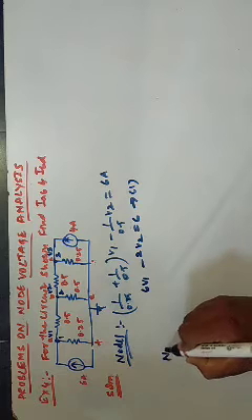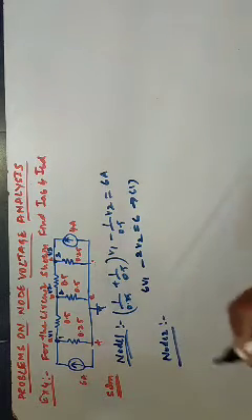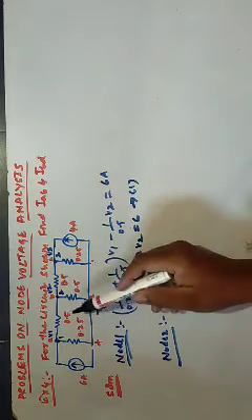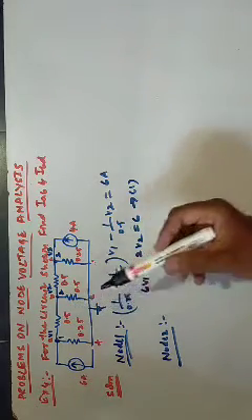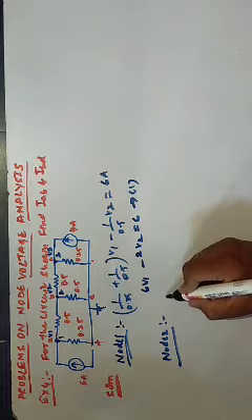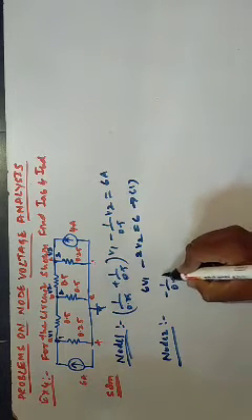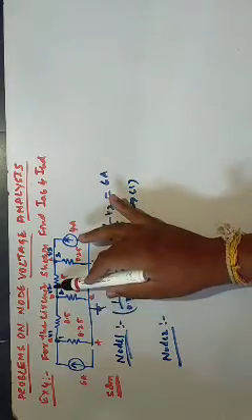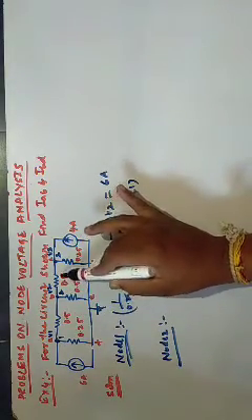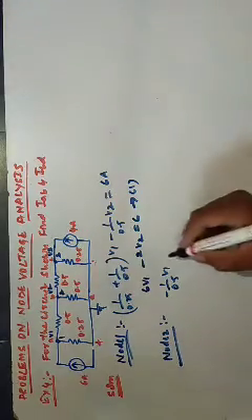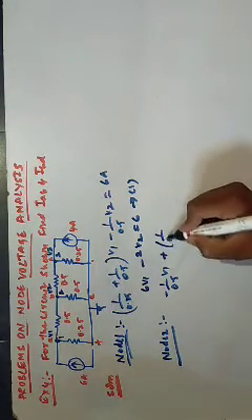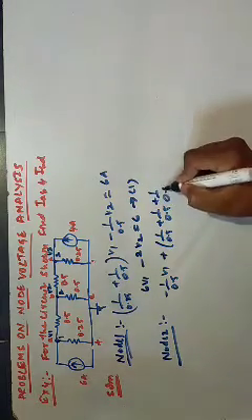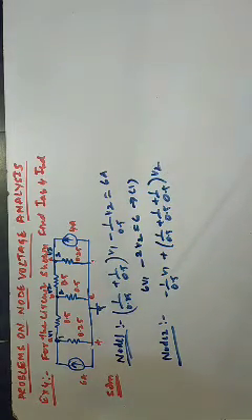Similarly, with respect to node 2, this 0.5 is shared between V1 and V2, node 1 and node 2. I'll write this as minus 1 by 0.5 V1, whereas 0.5 is connected to node 2, this 0.5 and again this 0.5, so totally 1 by 0.5 plus 1 by 0.5 plus 1 by 0.5 with respect to node 2.